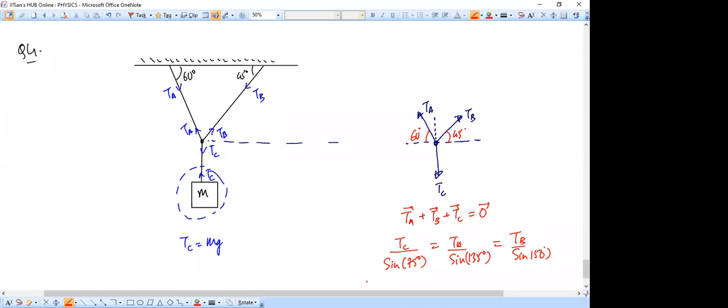And sine 75 you can solve like this. And in this, of course, TC is equal to mg. So substitute that, so you will get TA and TB.